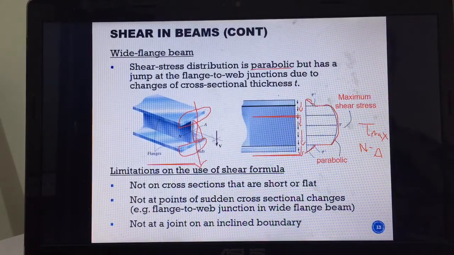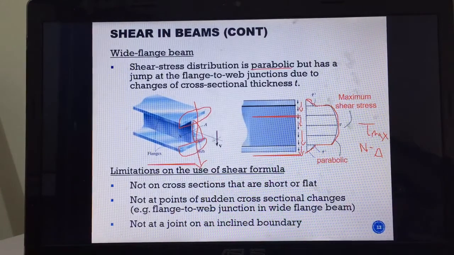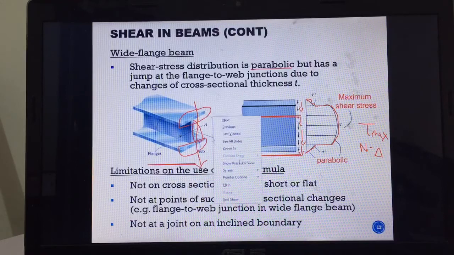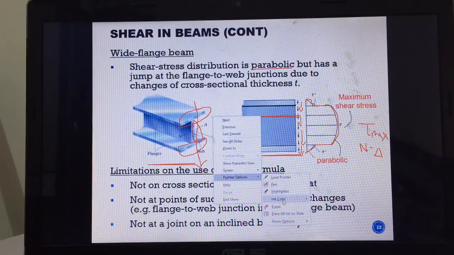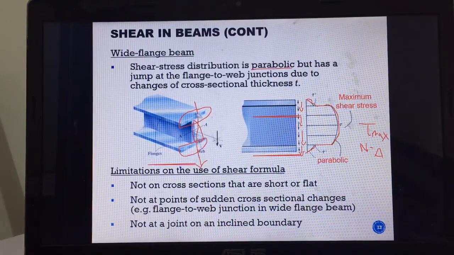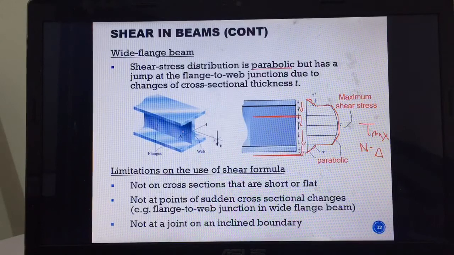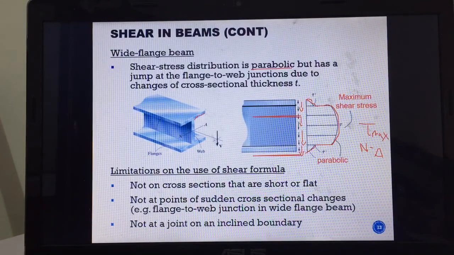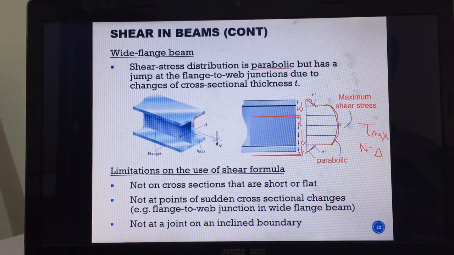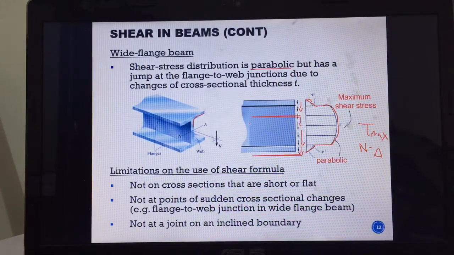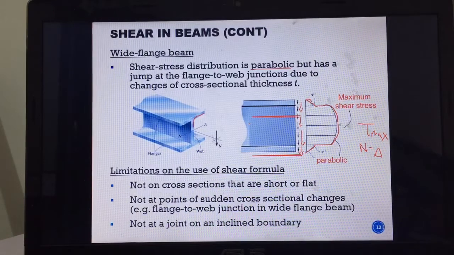This is problematic, because at this sudden change of thickness, where it suddenly becomes narrow, there will be stress concentration. That's the first thing.